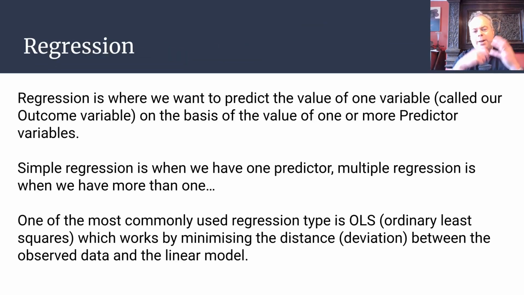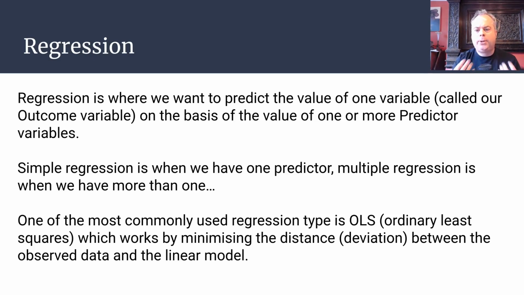Okay, so we can think of correlation in the context of explaining something about one variable on the basis of what we know about another variable, and that's the basis for regression. So regression ultimately is based on this idea.